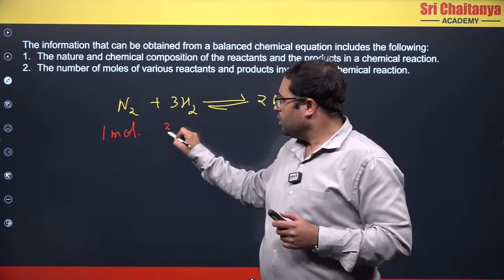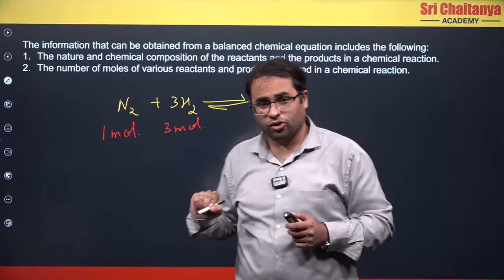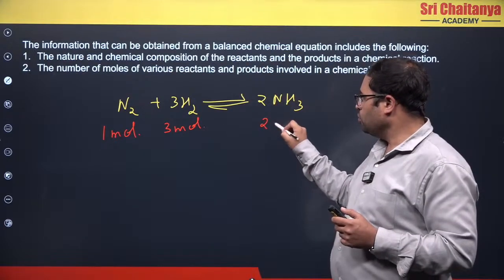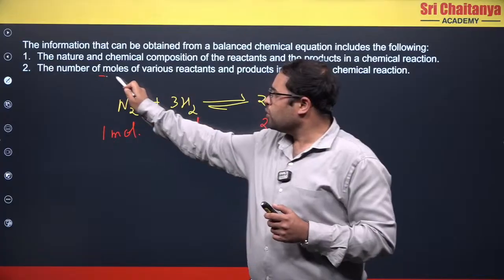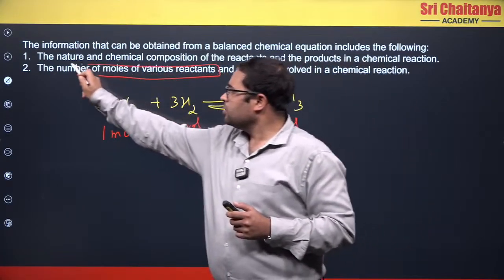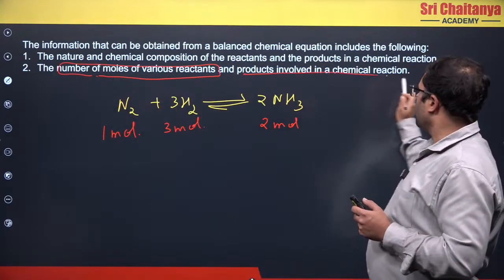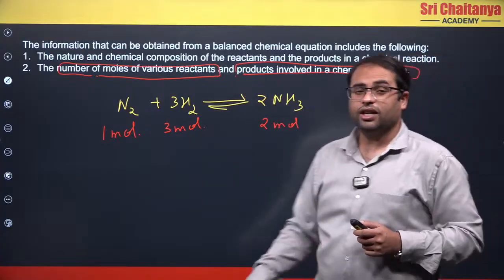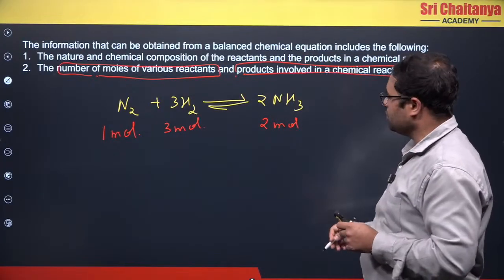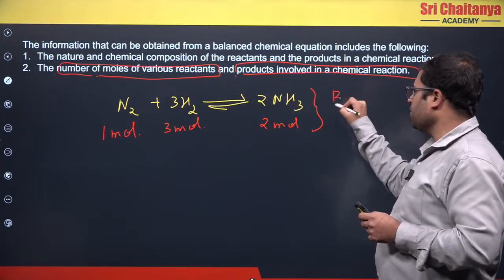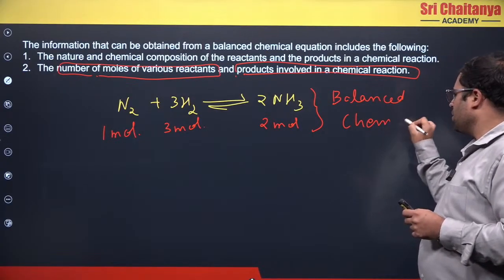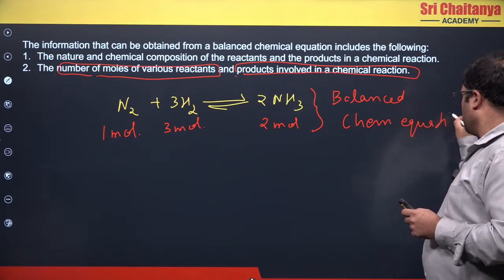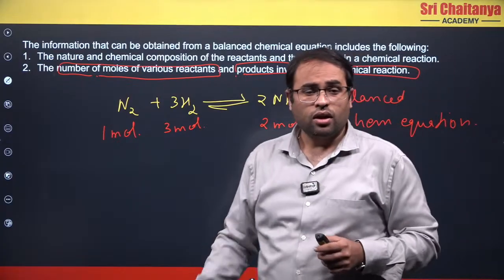And then you have 3 moles of hydrogen reacting to form 2 moles of ammonia, right? So the number of moles of various reactants and products involved in the chemical reaction is indicated by the balanced chemical equation. Remember, this has to be a balanced chemical equation, right?